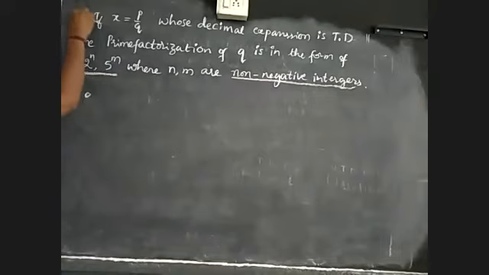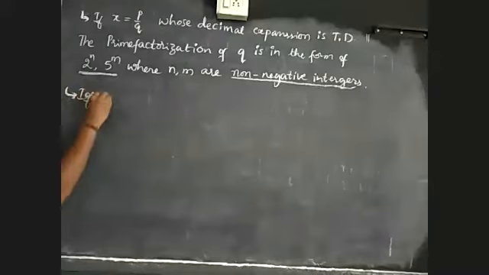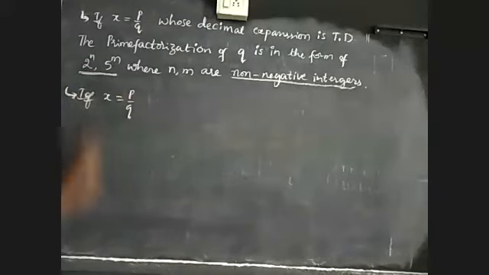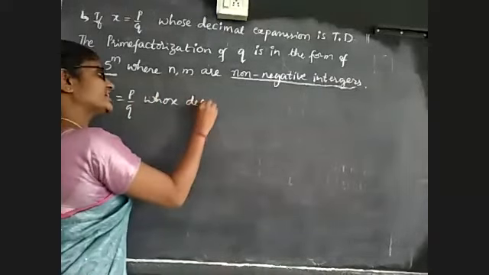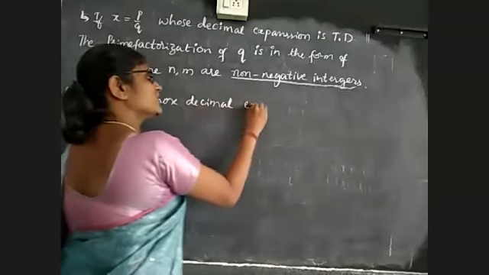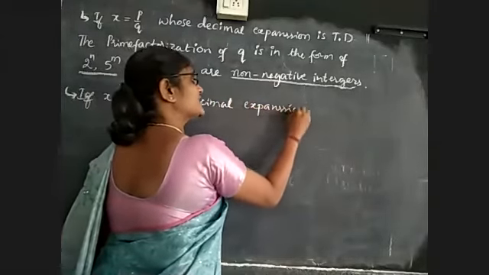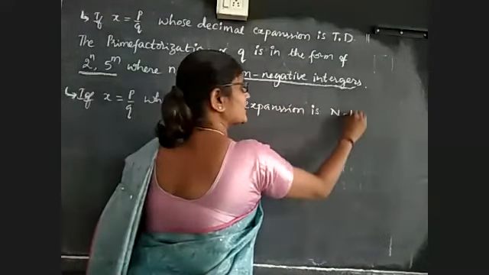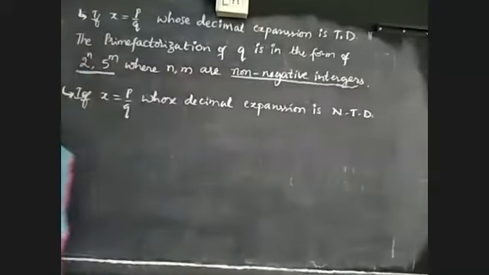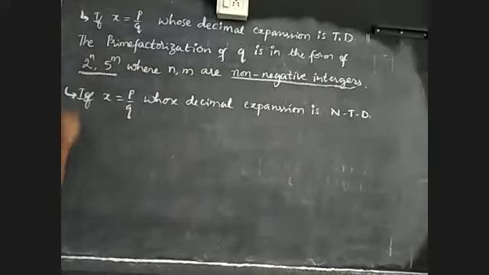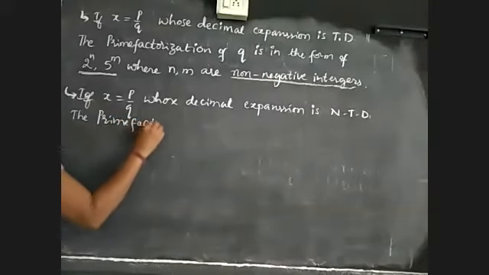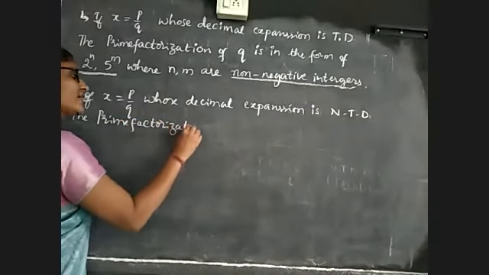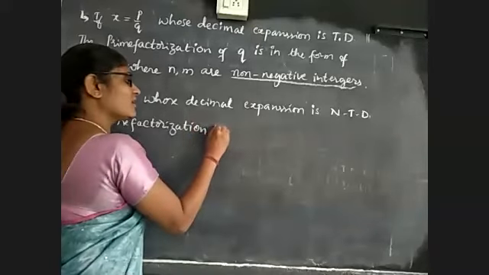Coming to the second one: if x is a rational number whose decimal expansion is non-terminating, the condition is on the prime factorization of q.